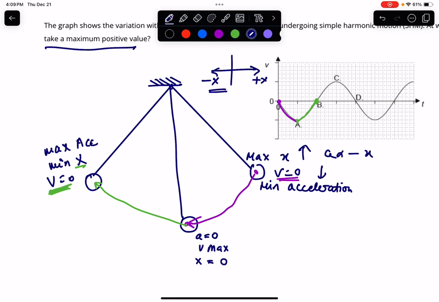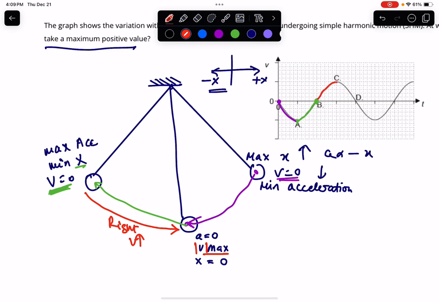Okay? Now, after this, you'll go back to the equilibrium because you have to make one oscillation. So the starting and ending point of the oscillation should be the same. So when you're going back, the object is going to the right, which means that the velocity should be rising. And we know that at the equilibrium, the absolute value of the velocity is maximum. This is absolute value.